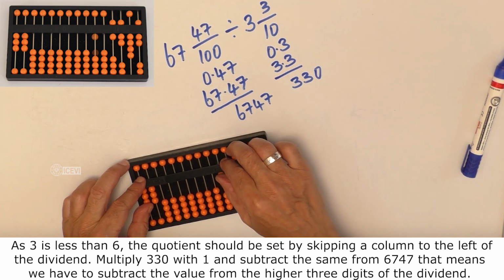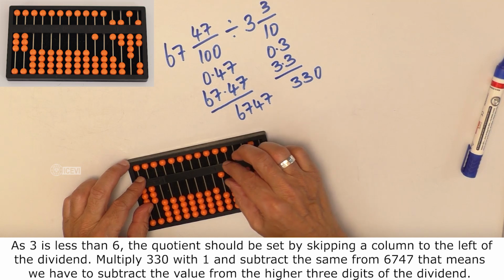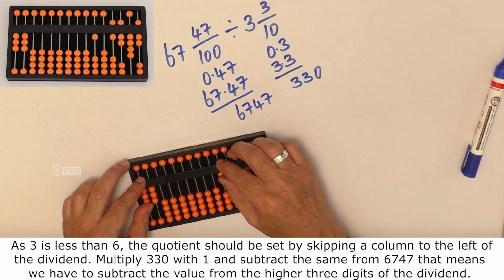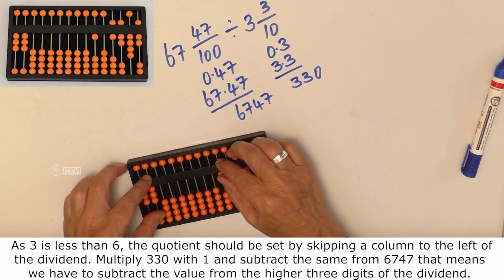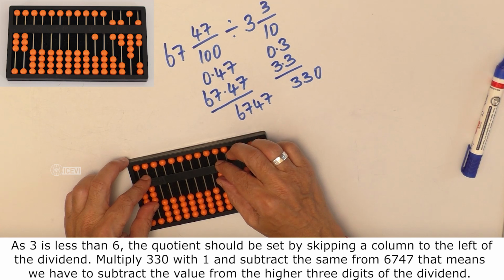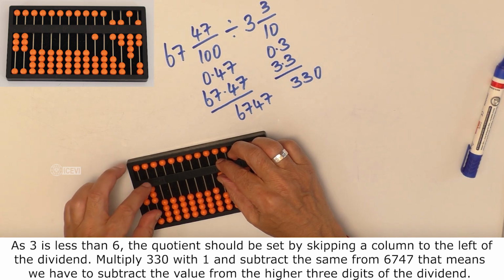So 1 is set in the 100,000s column. Multiply 1 with 330 and subtract the same from 6747. That means we have to subtract the value from the higher 3 digits of the dividend.